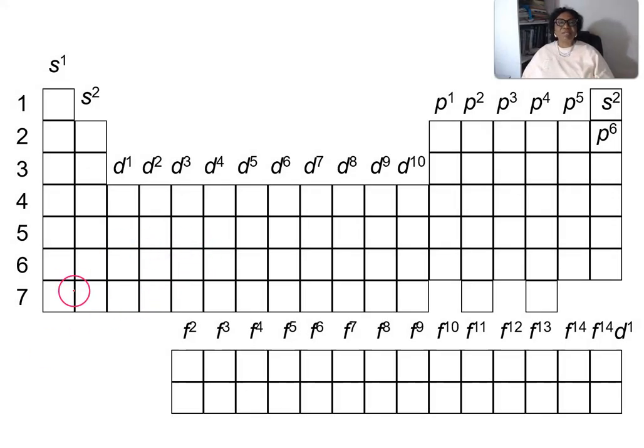So this is our periodic table. Look at the S block, 1, 2, S block. Then here, this is the D block.